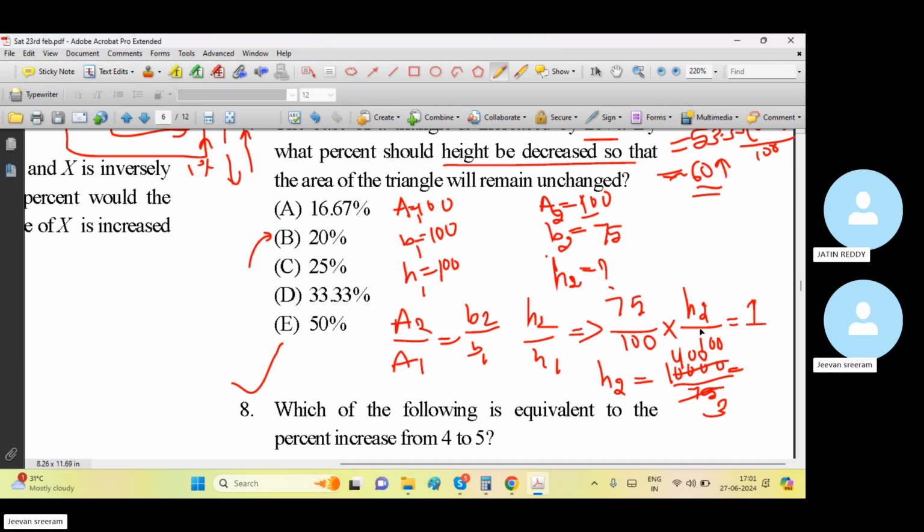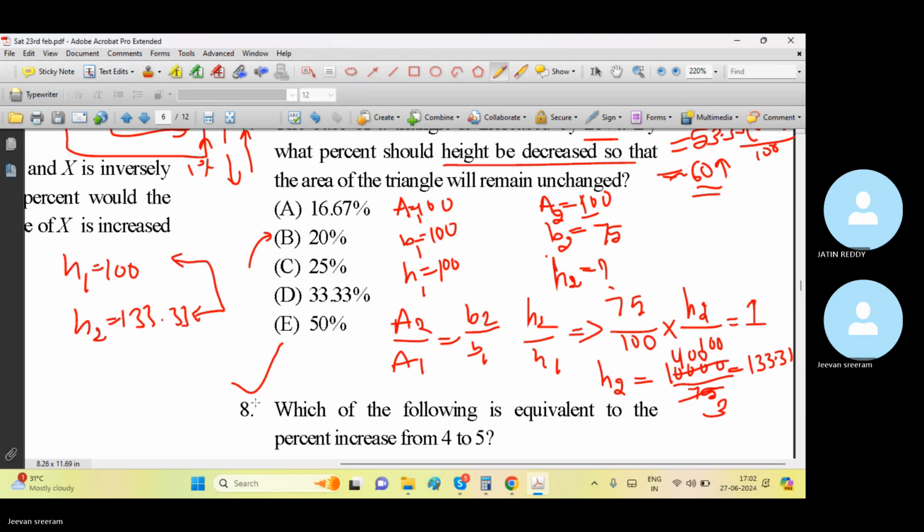Okay, yes, sir. 400 by 3 means we got 133.33%. Now compare H1 and H2. H1 is actually 100, H2 is 133.33. So how much increase can be seen? 33.33.